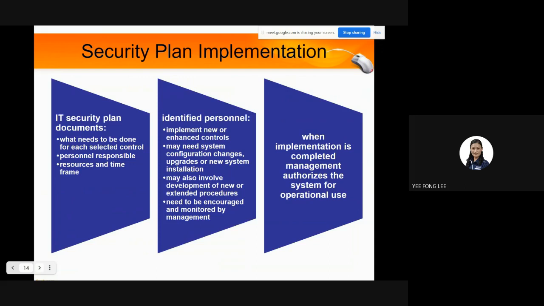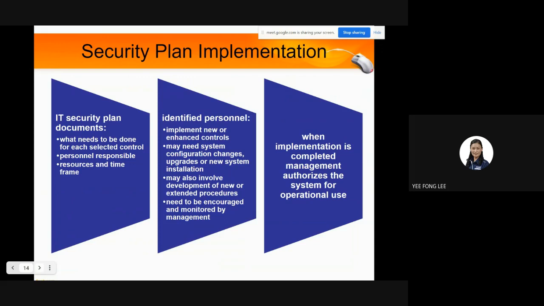The implementation phase might comprise not only the direct implementation of the control, but also specific training and a general security awareness program for the organization. It is not just implementing straight away. They need to work together with specific training and develop awareness among all the staff in the organization.